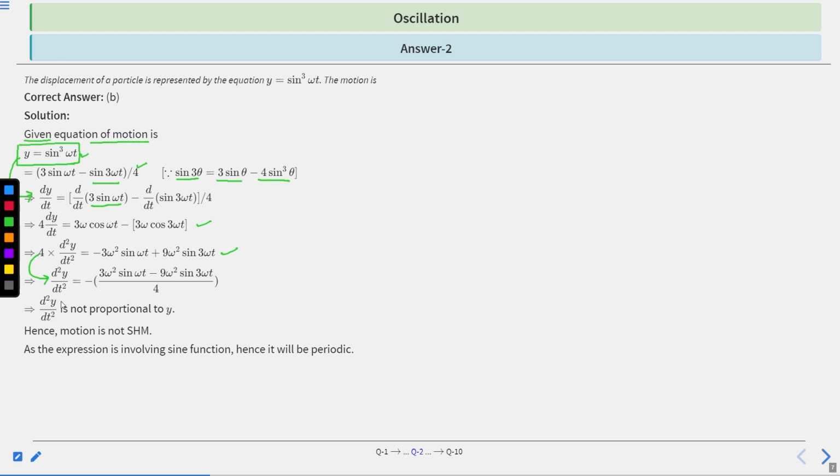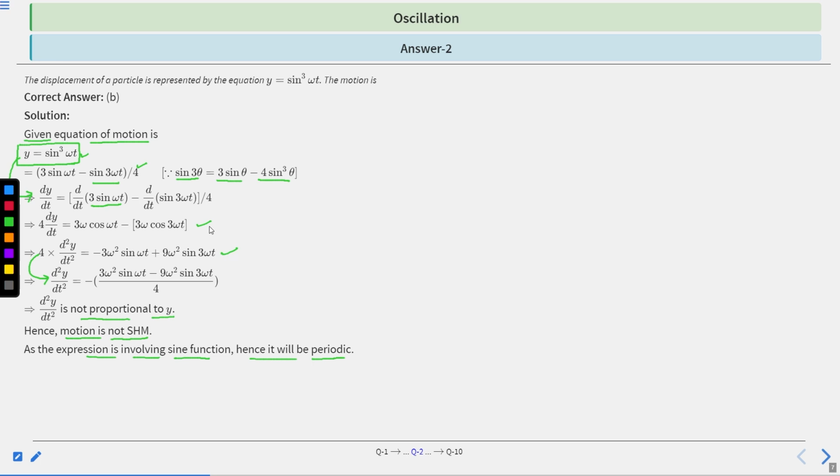It means d square y upon dt square is not proportional to y, hence motion is not SHM. As the expression involves sine functions, it will be periodic.